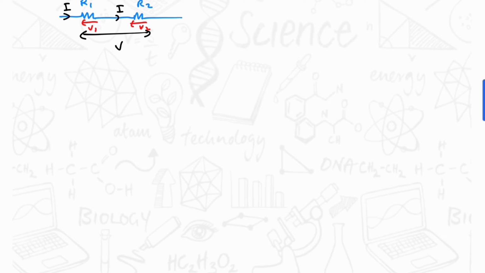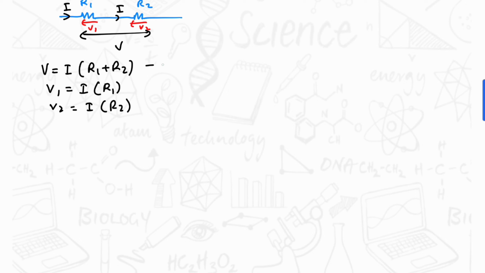Now in this case, let's say they have given the total voltage drop across R1 and R2, and we have to find V1 and V2. For this, we can say V is equal to I times R1 plus R2, and V1 is equal to I times R1, and V2 is equal to I times R2. This is the first equation, this is the second equation, and this is the third equation.